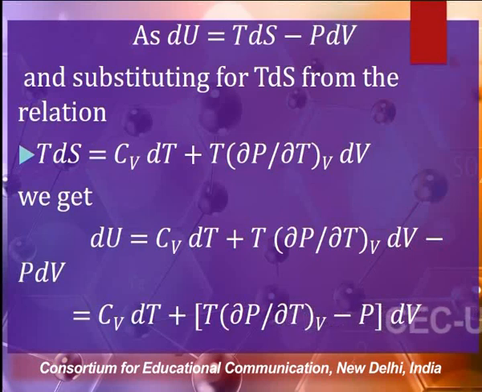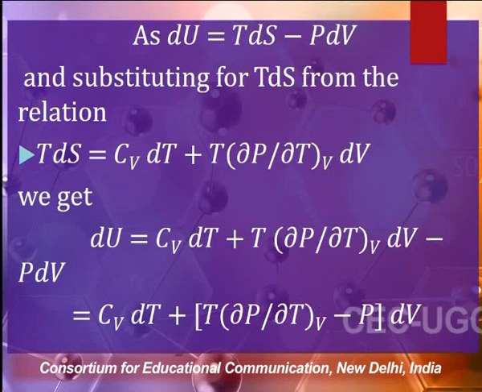As dU is equal to TdS minus PdV, we substitute for TdS from the relation TdS is equal to Cv dT plus T delta P by delta T at constant volume dV.